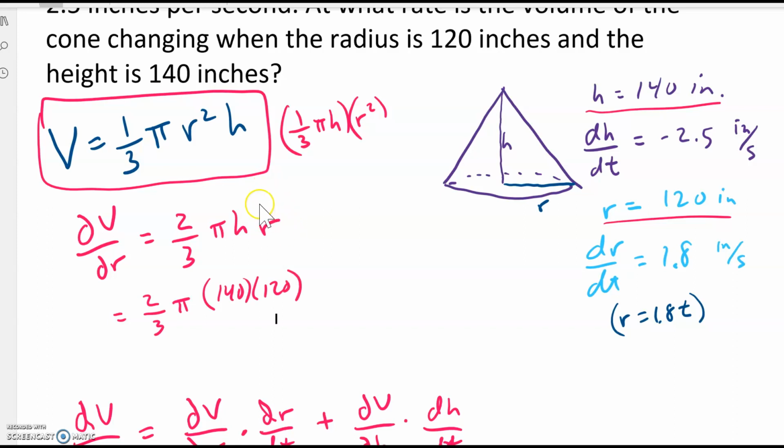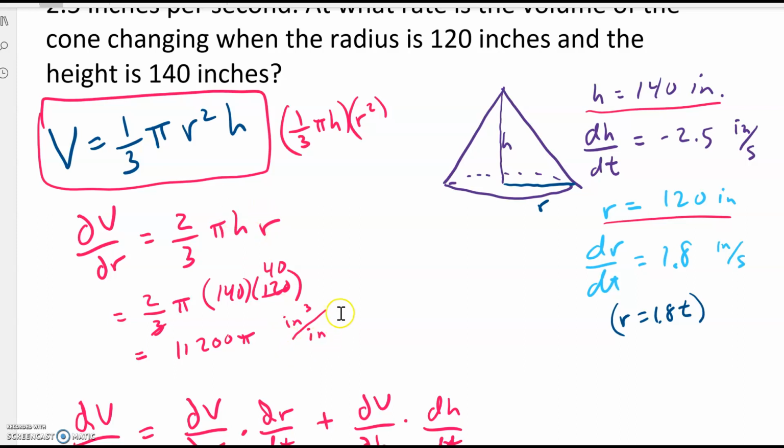Okay, 3 divides into 120 40 times. So I've got 2 times 140 times 4. I did this already to save a little time. It's 11,200 pi. And that would be cubic inches of volume per inch of radius.